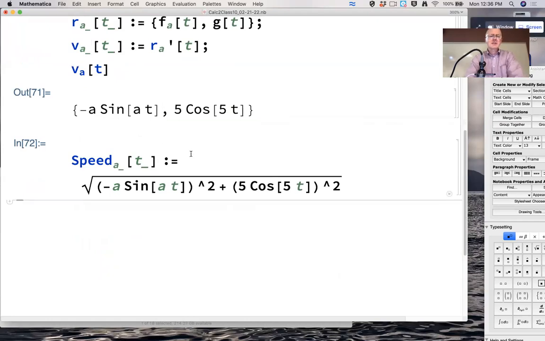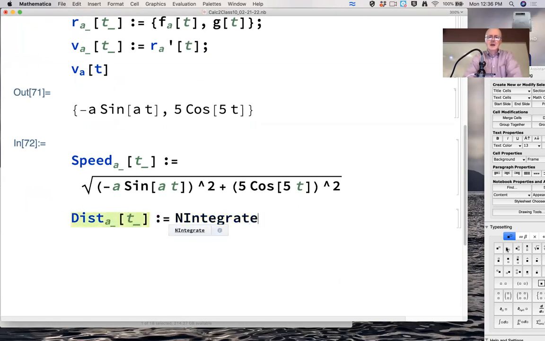And I can also do the distance traveled. Dist sub A of t. Use the NIntegrate again because it's got to do numerical integration. It's too hard to do symbolic integration. You have to do approximations. That's why.